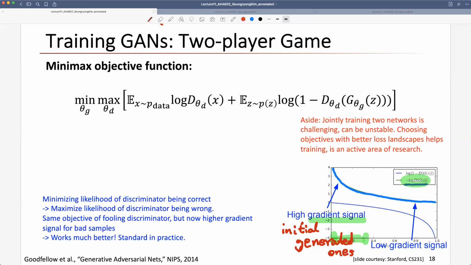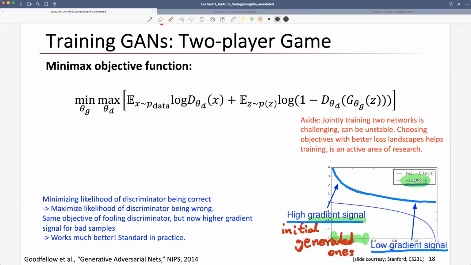So in this case, even for the initially generated sample, we can get a high gradient signal, so we can boost our training of the generator model, while there is a low gradient signal for the good sample case.